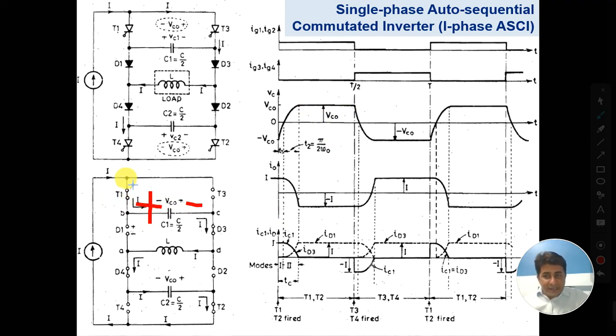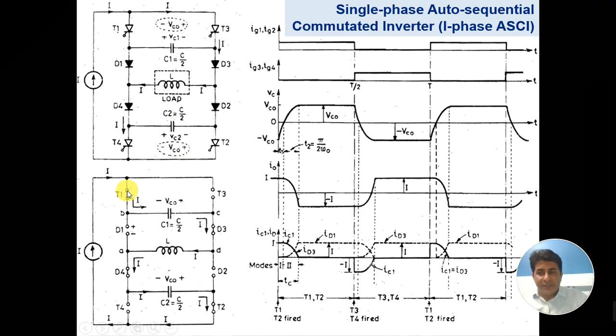But because the current is already flowing through T1, T1 cannot be commutated. So when we trigger T3, immediately the current gets transferred from T1 to T3, and because T1 is already reverse biased, it immediately opens up. This is the time when thyristor T1 gets commutated.